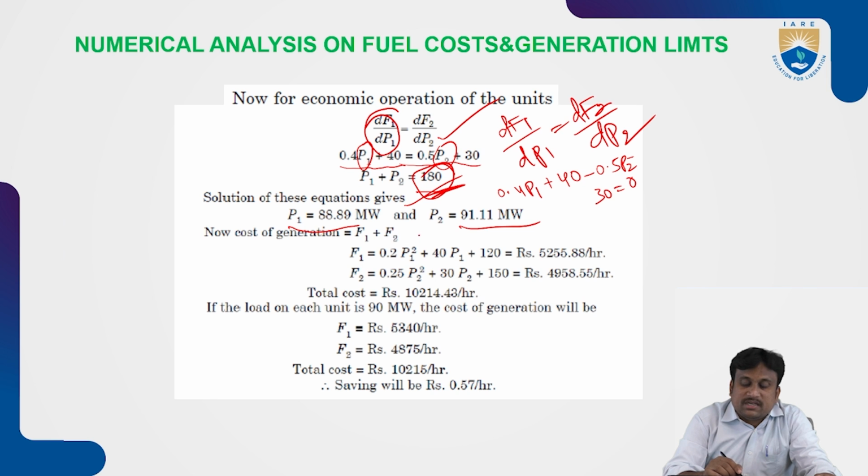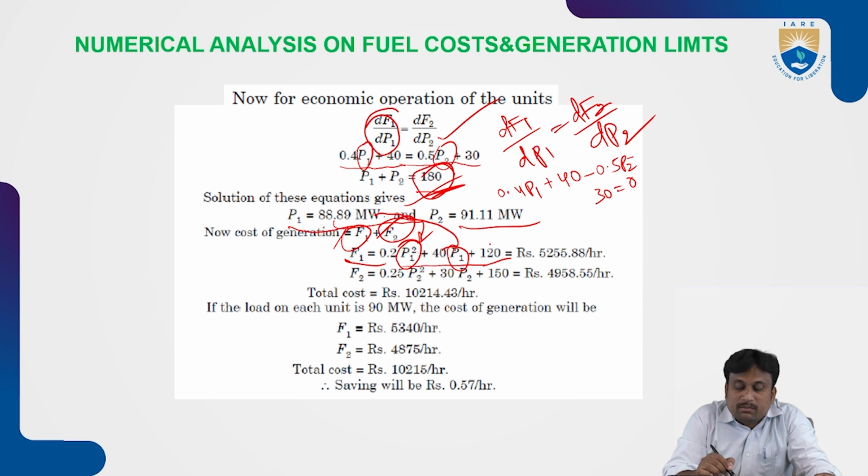So now the cost of generation is F1 plus F2. F1 equals 0.2 P1 square plus 40 P1 plus 120. We already have this one. So here, instead of P1, you substitute this 88.89 megawatts value.